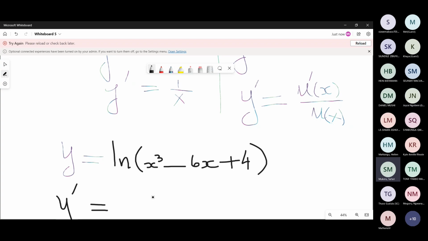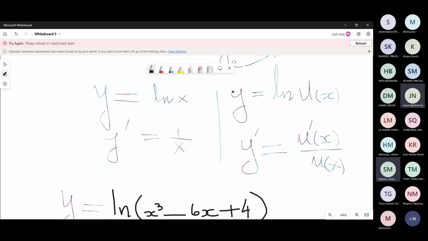Observe that this is exactly what we have here: y equals ln of u of x. Here we are not multiplying. We are computing the logarithm of something, ln of this quantity.